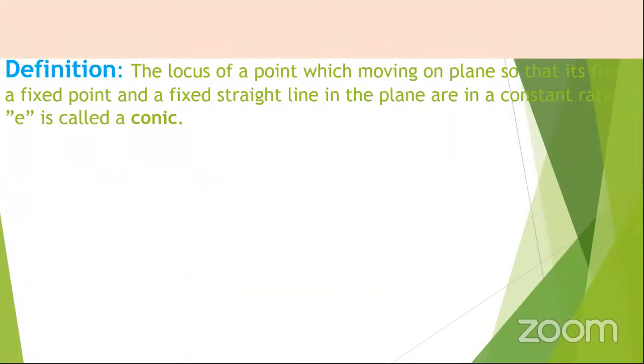The locus of a point which is moving on a plane so that its distances from a fixed point and a fixed straight line in the plane are in a constant ratio E is called a conic. Look at the figure, children.